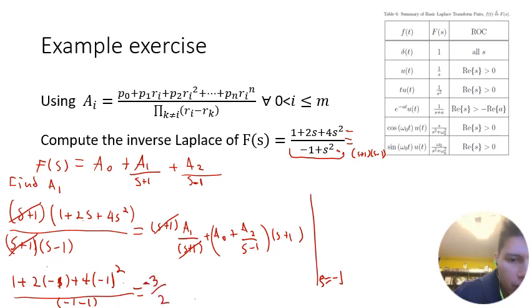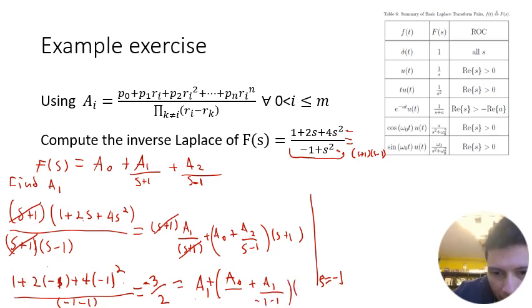On the left-hand side we have a1 plus a0 plus a2 over -1 minus 1, and then all of that times 1 plus 1 is 0, so we're just left with a1. So now we found a1: a1 is -3/2.